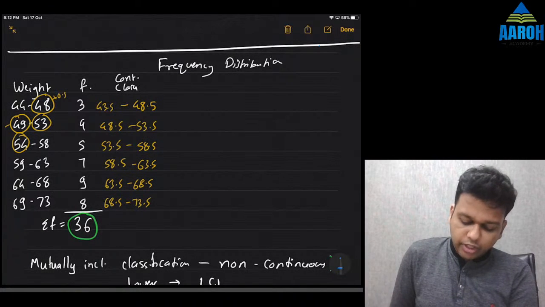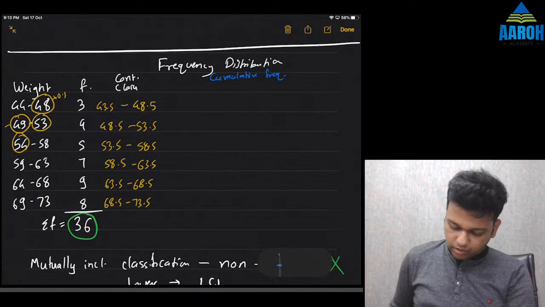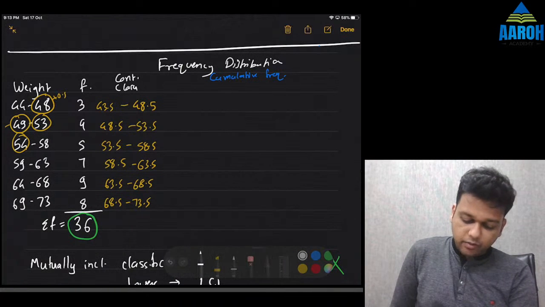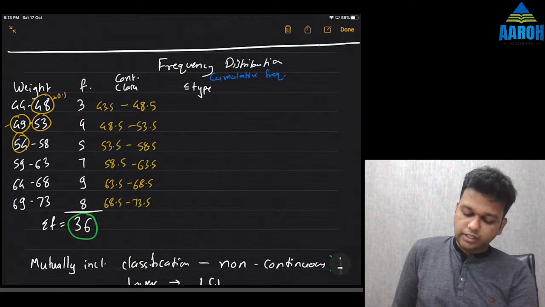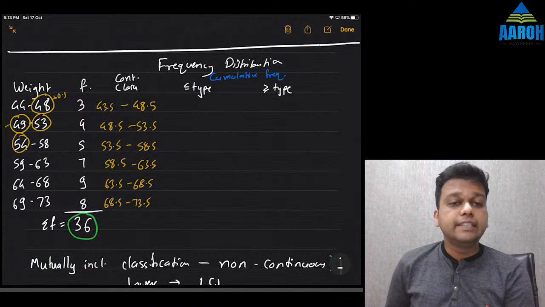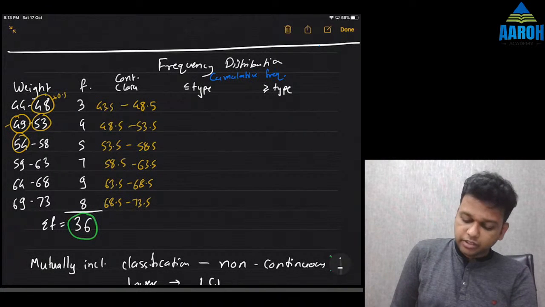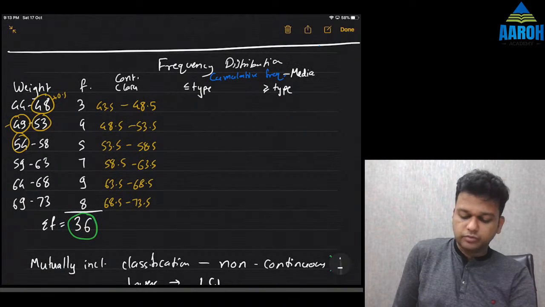Next one is cumulative frequency now. One is less than or equal to type, other is greater than or equal to type. Less than type cumulative frequency and greater than type cumulative frequency. This concept is used in median, which we'll see tomorrow.